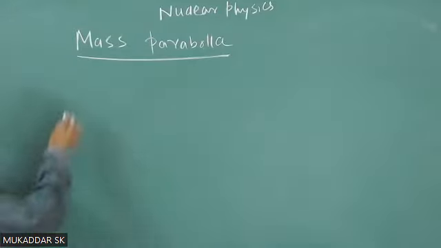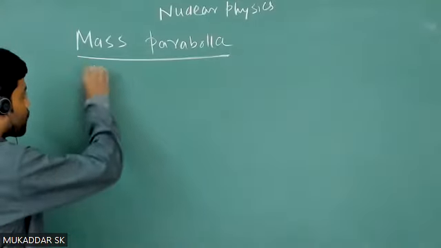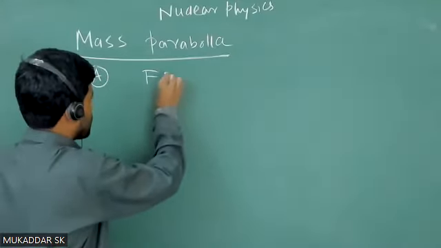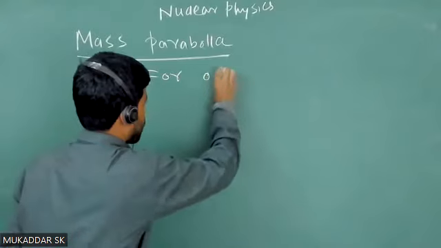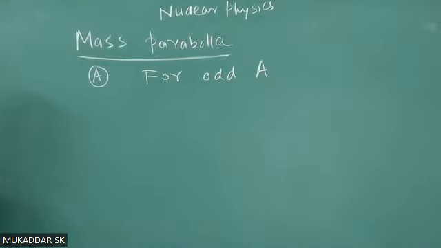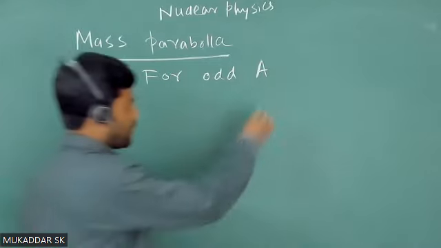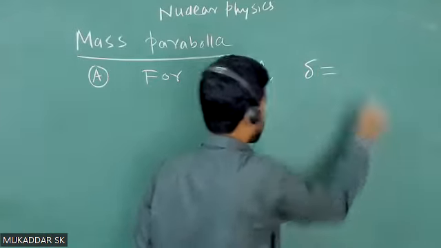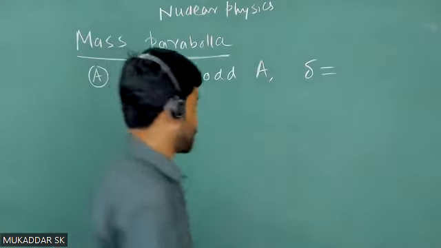So first of all, for odd mass number, for odd A, delta will be how much? 0, sir.